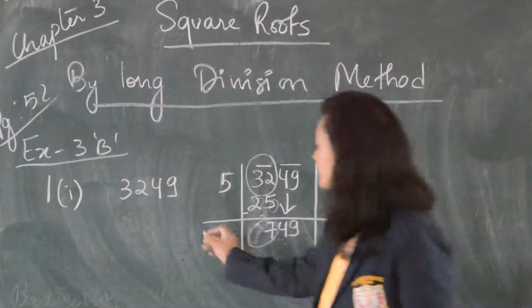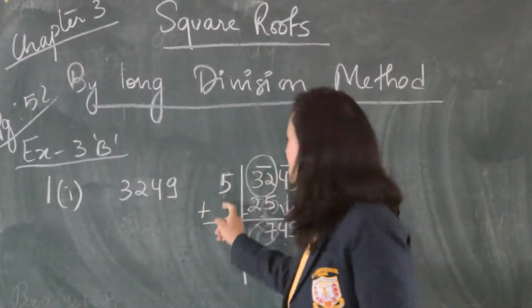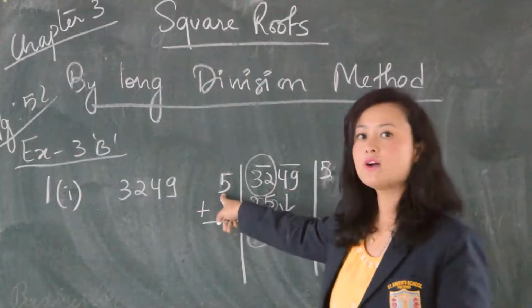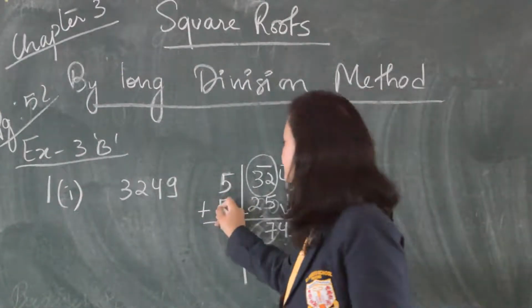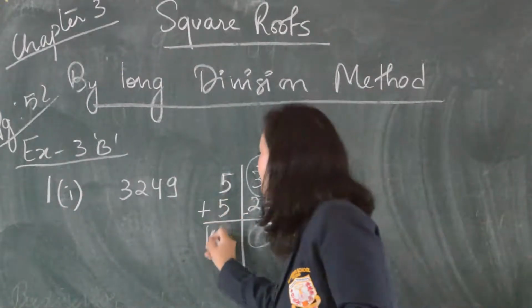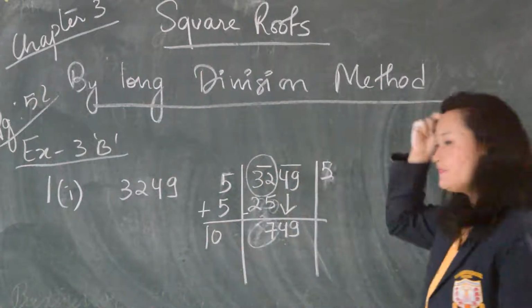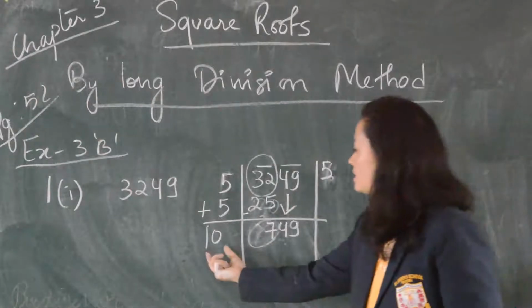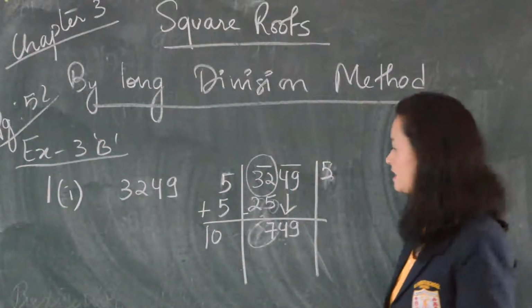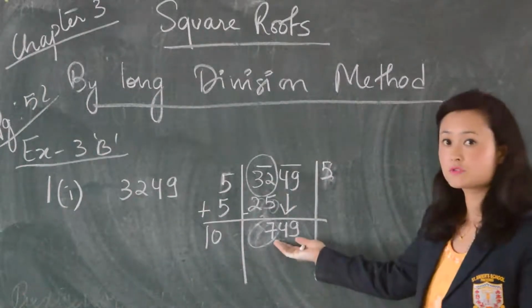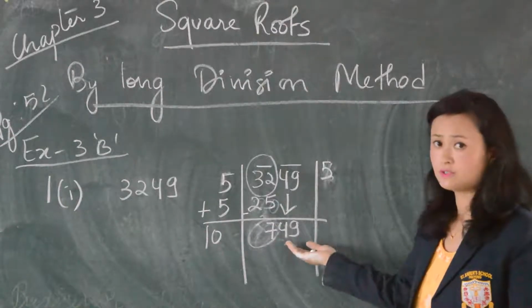Now what you do on the other side is, whatever number you multiplied, you have to add the same number. So what do you get here? 10. Now you have 10 over here. What you should do is further multiply, because we need to reduce this 749 to 0.